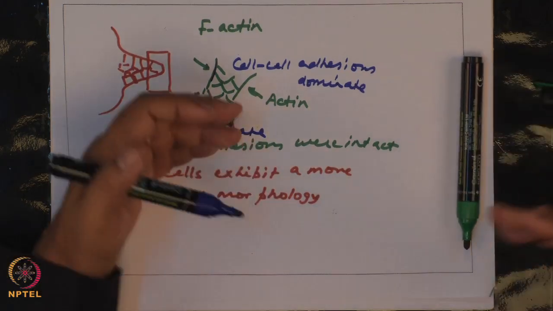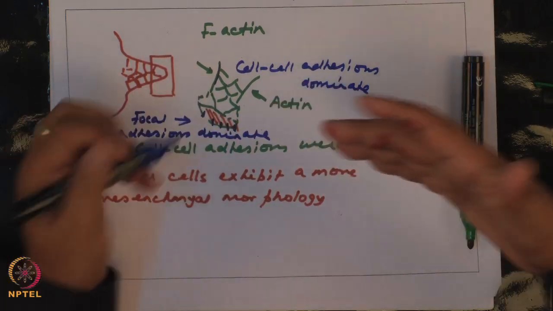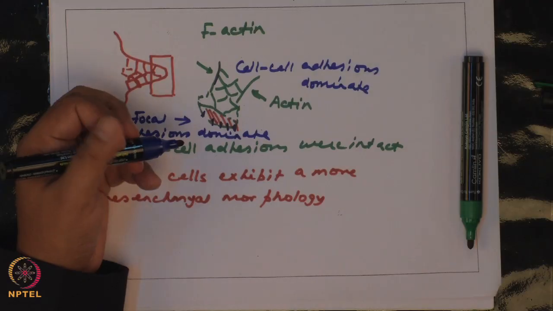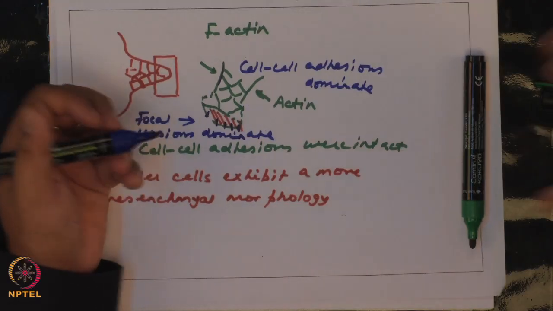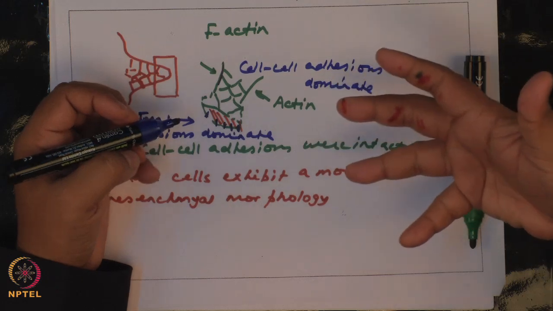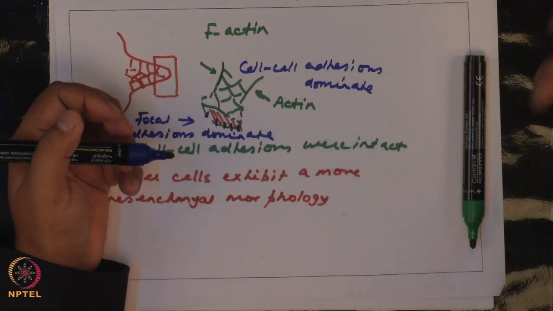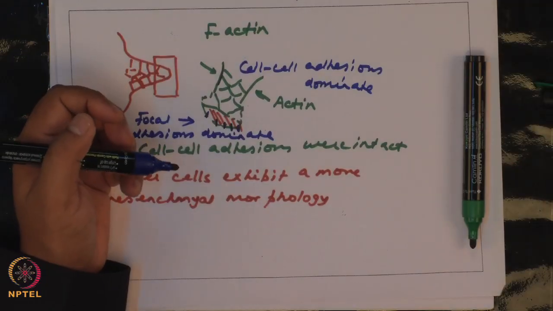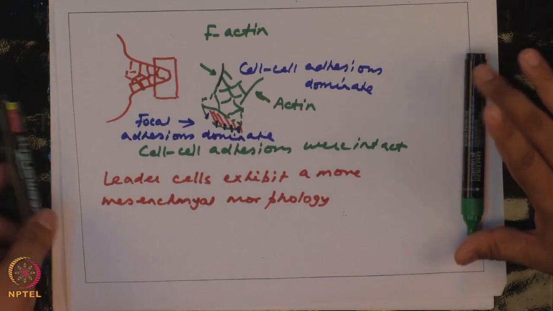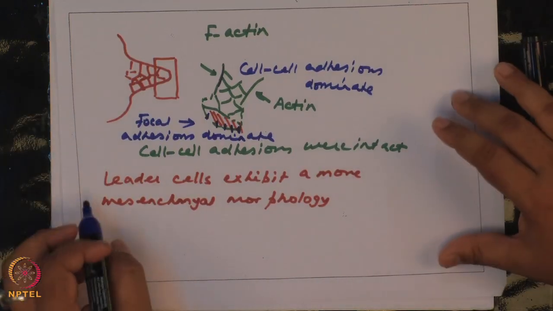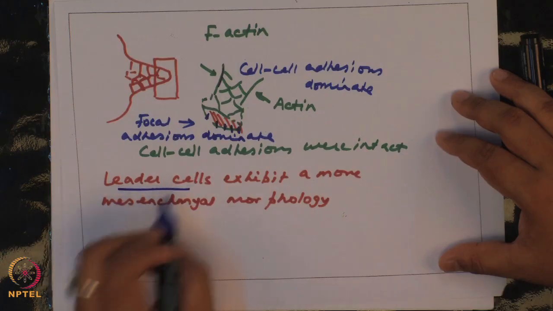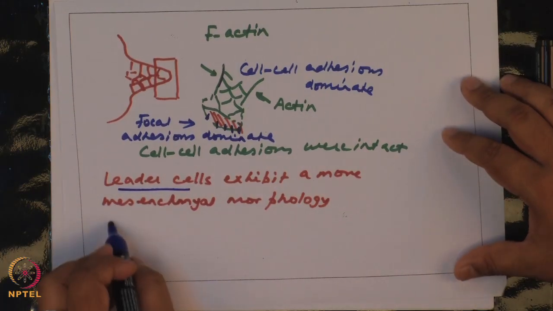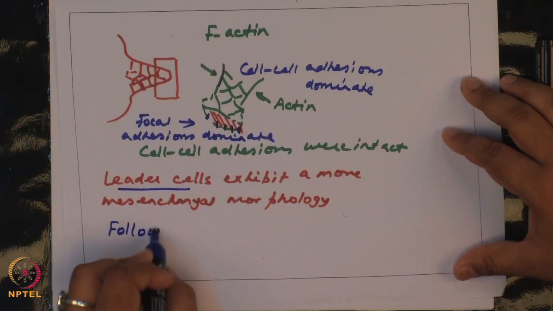So, what the focal adhesions are allowing is this leading cell is trying to go outside, while the other cells at the rear end are following the leader cell. So, you have leader cells right at the leading edge and you have follower cells.